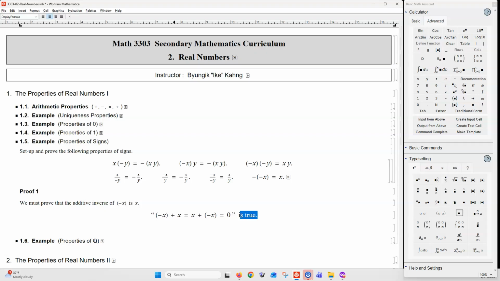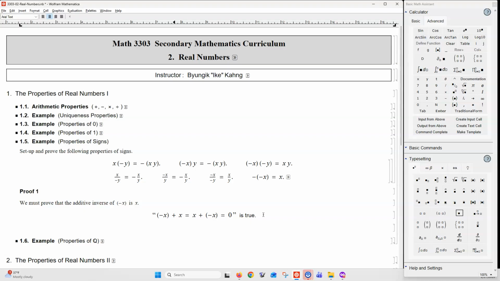That's true, isn't it? This is true because negative x is the additive inverse of x. That completes the proof, actually.